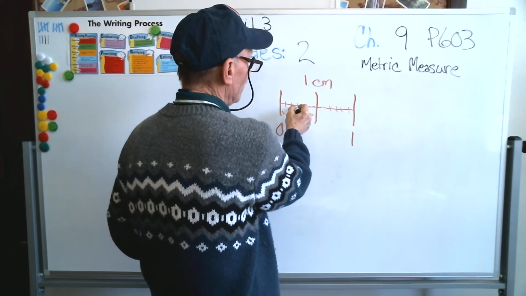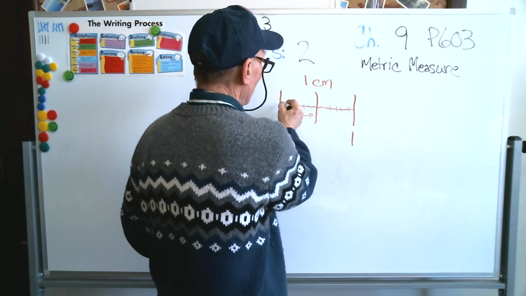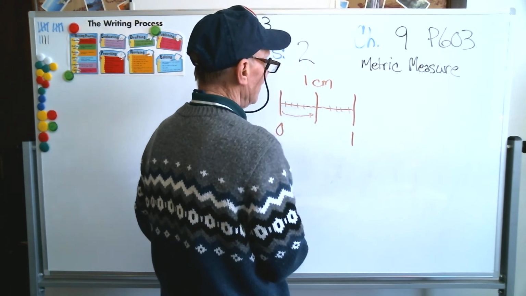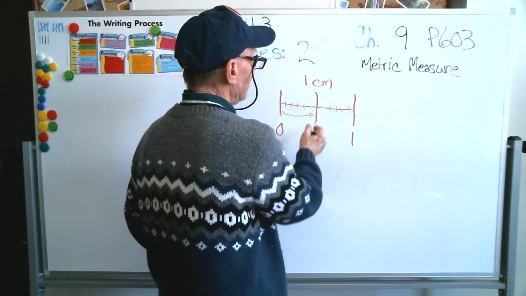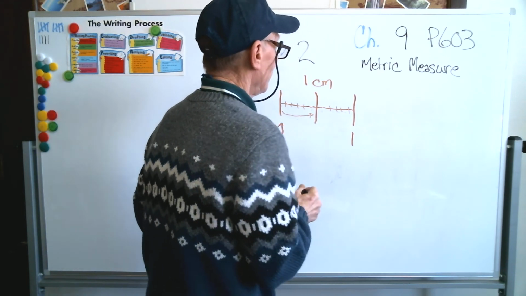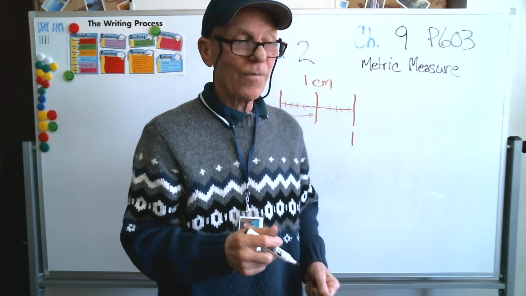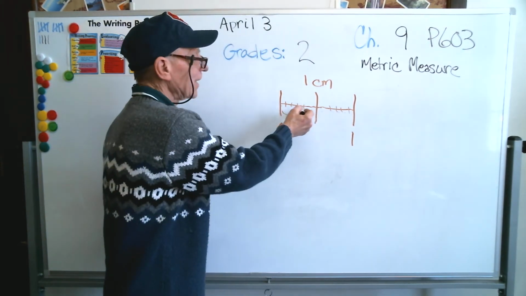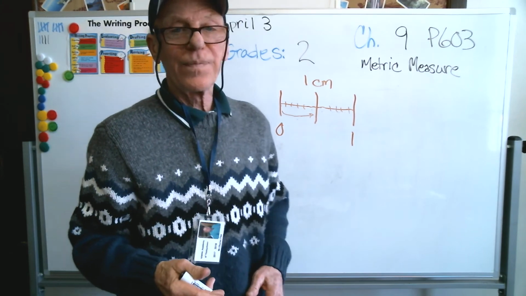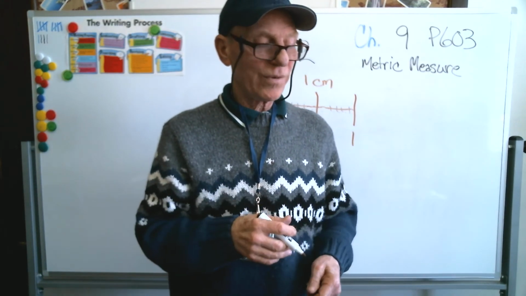So there's 1, 2, 3, 4, 5, and then there's 1, 2, 3, 4, 5. Altogether, there are 10. In the middle would be 1/2 centimeter. You got that? Now, these little lines in there, those are millimeters. But we're not going to get too involved in that.